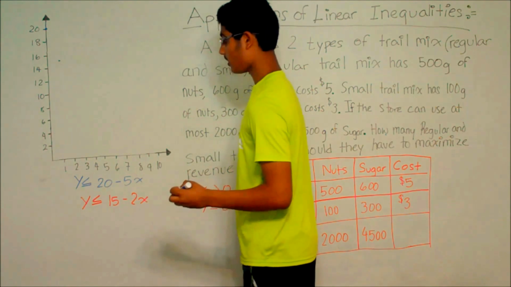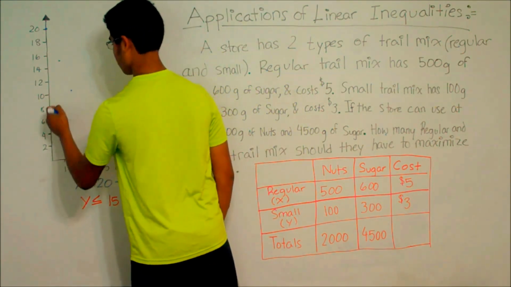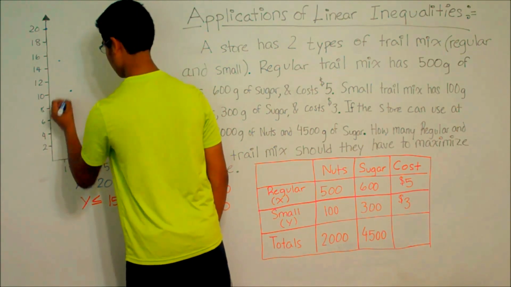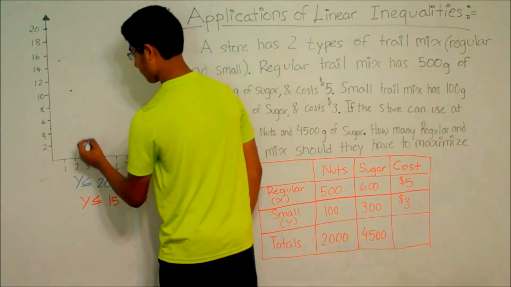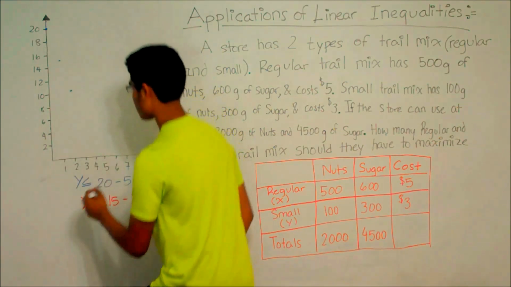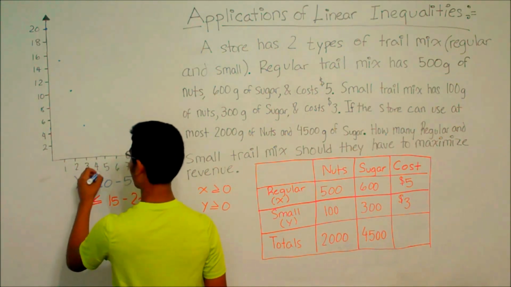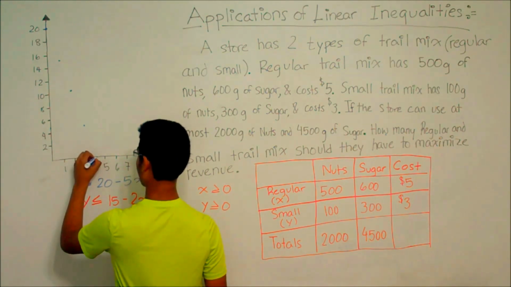Now when we go down another 5, we get 2 and 10, and 3 and 5, and 4 and 0.